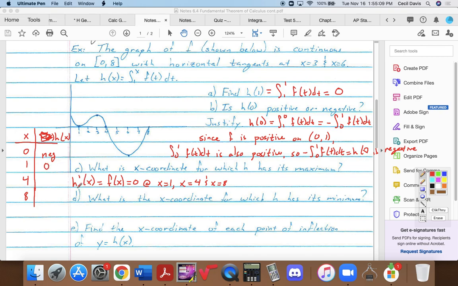What about h of 4? The integral from 1 to 4. We know it's positive. And this is why on this particular one I didn't ask you to justify it, because it would be difficult to explain precisely.